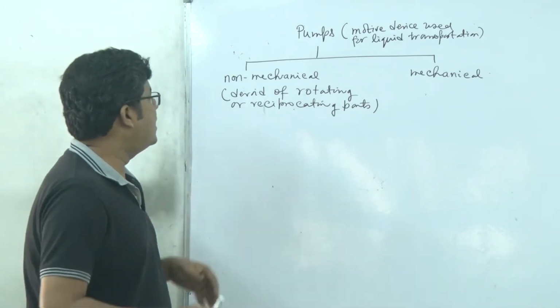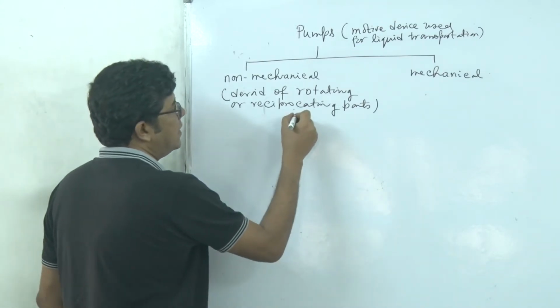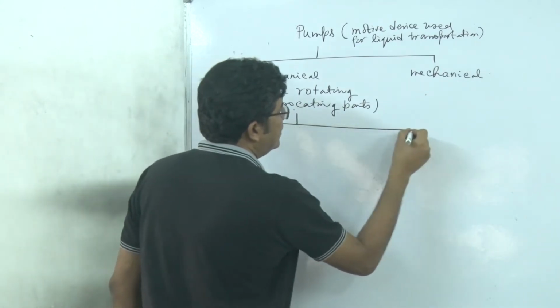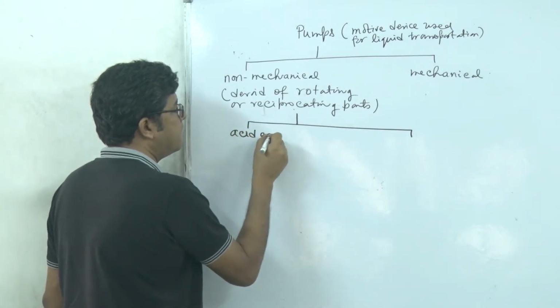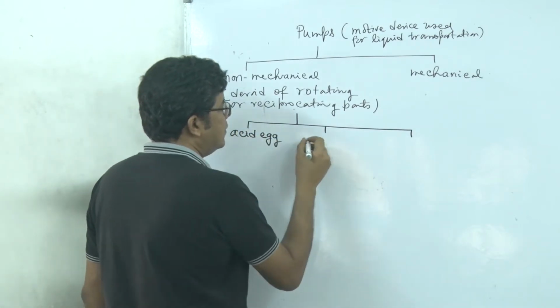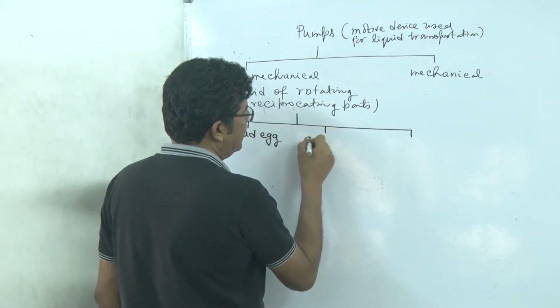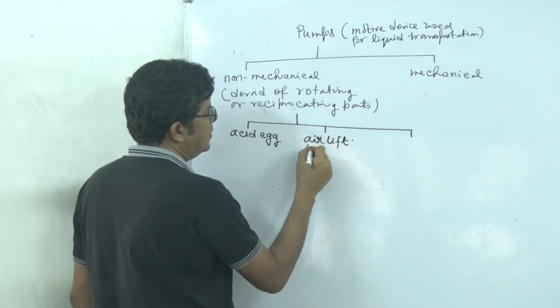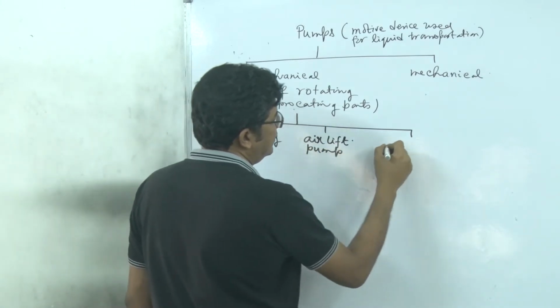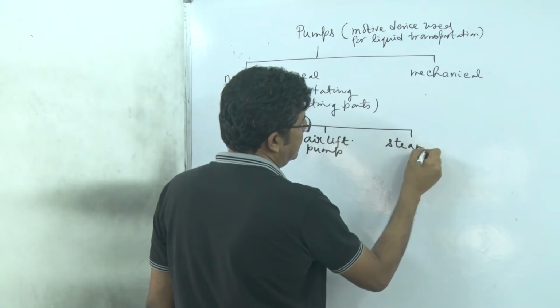Now, the major examples of non-mechanical pumps are the acid egg, the airlift pump, and the steam jet ejector.